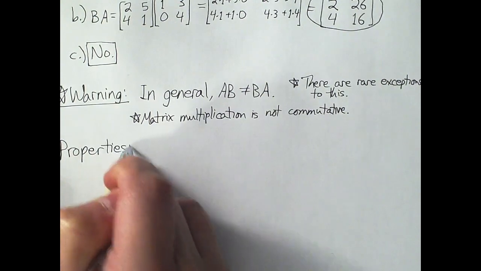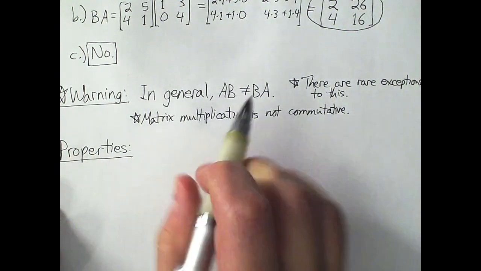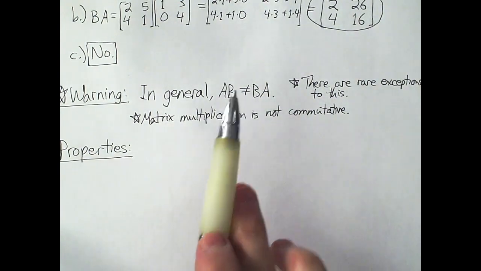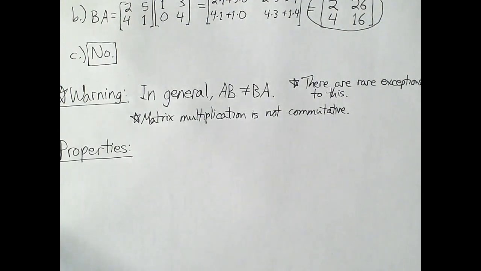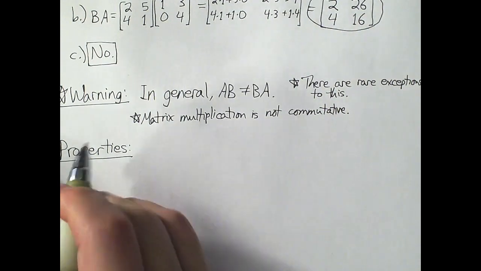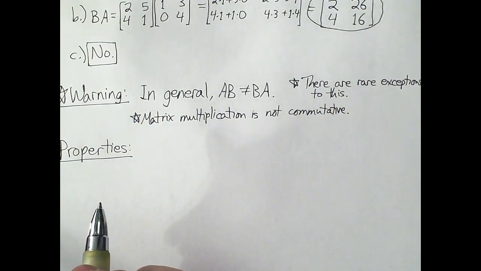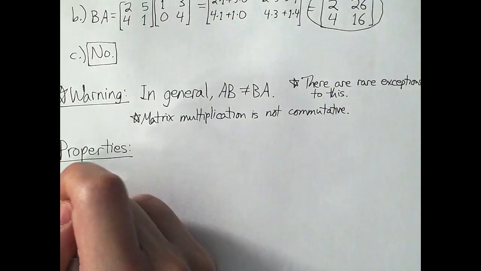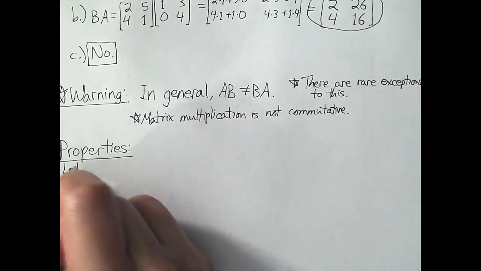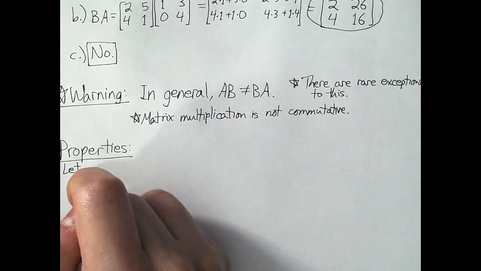So being commutative is not a property of matrix multiplication. But what about the other types of properties? What about associative? What about being distributive? What about other things? I think I have 5 properties to tell you involving matrix multiplication.